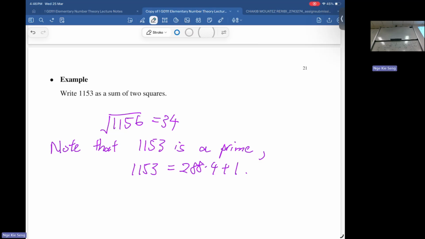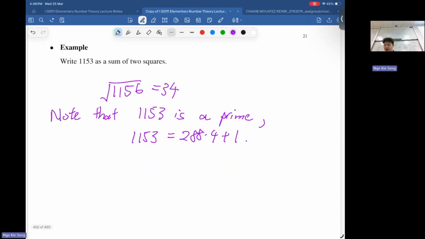So you're gonna do trial and error. But how many trials are you gonna do? Well, you can use the method that we proved for how you prove that something is a prime.